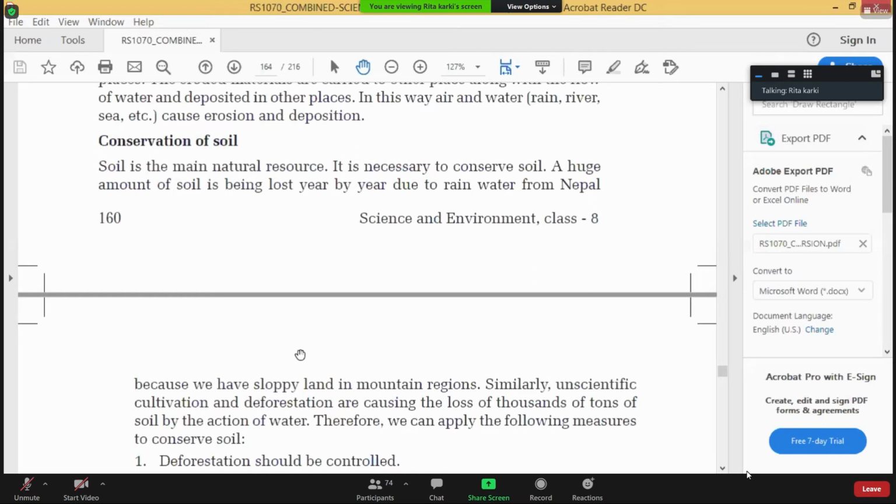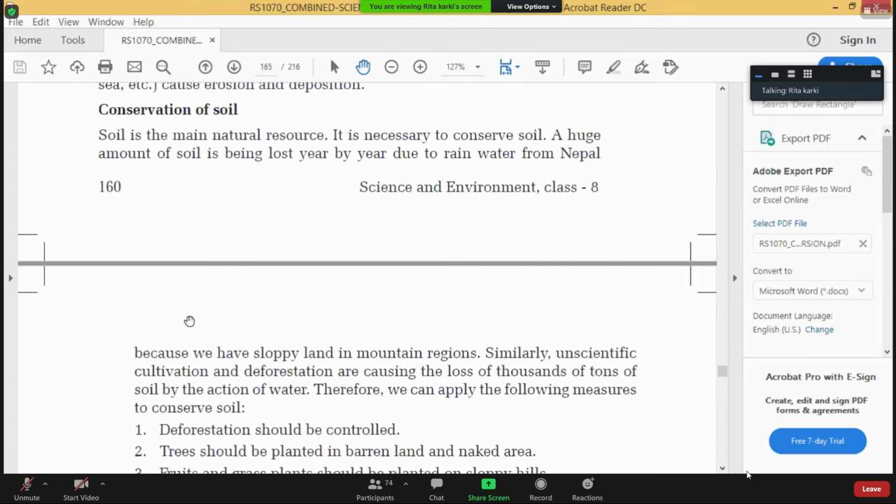But a huge amount of soil is lost every year due to varieties of factors that we have already studied. That is due to heavy rainfall, similarly due to river water, due to carelessness of human beings, due to deforestation. Because of these factors, a huge amount of soil is lost every year inside the country and in a larger number of places.